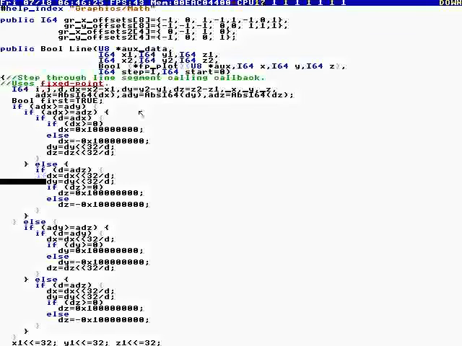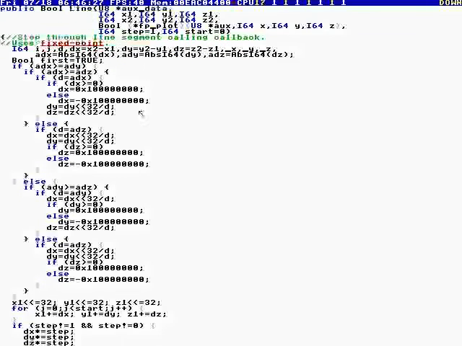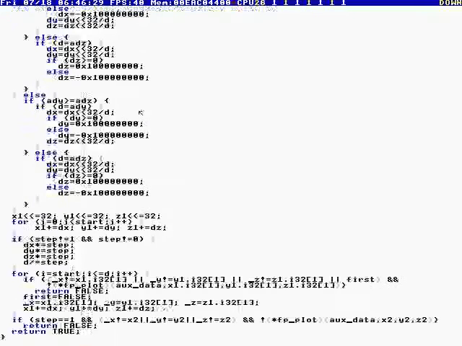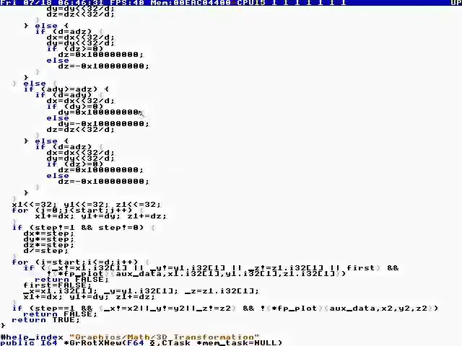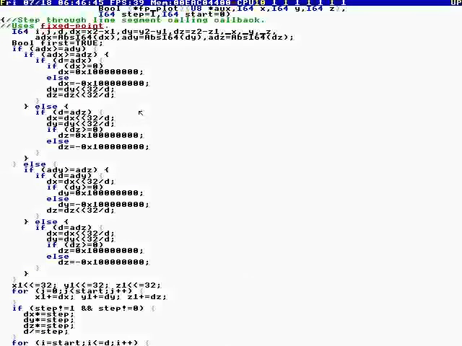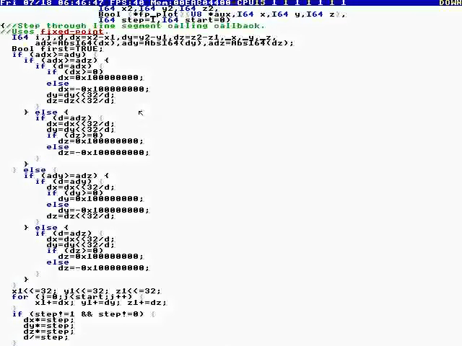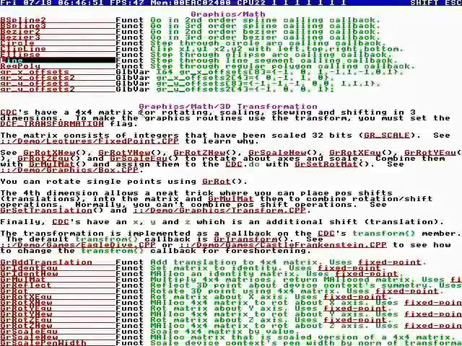It calculates the slope, and then adds. There's a 32-bit fixed point, in other words, a 32-bit fractional slope. Anyway, circle.